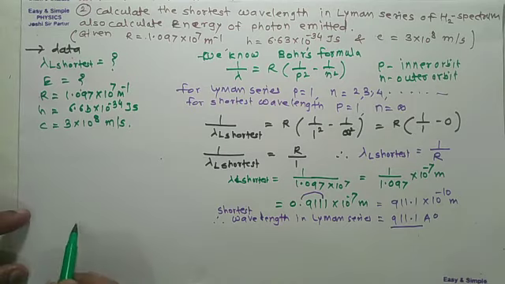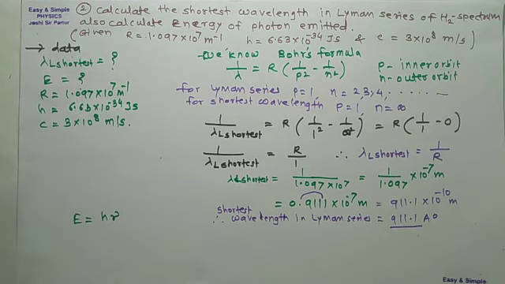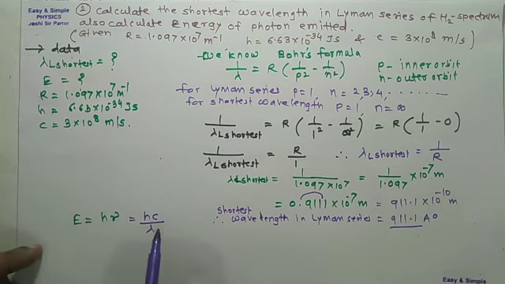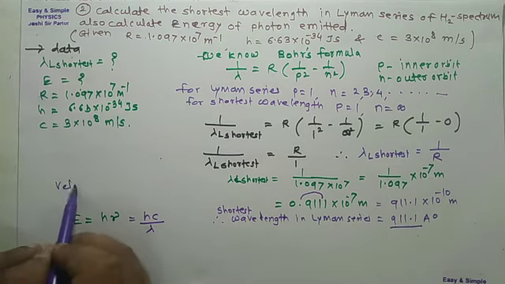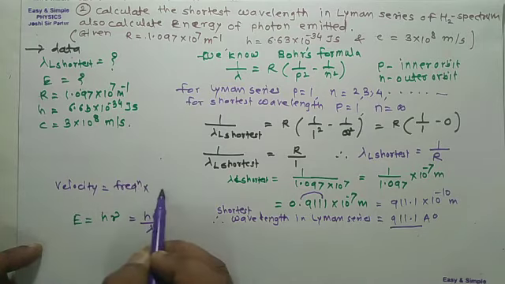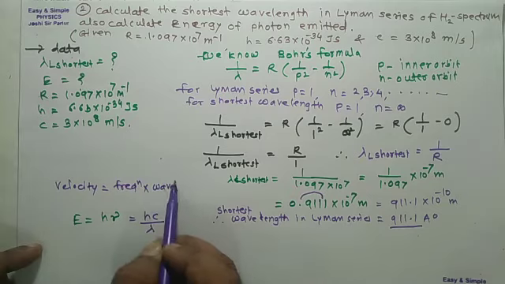So according to Planck's quantum theory, energy is equal to h nu, which is equal to hc upon lambda, because of frequency, wavelength and velocity. Velocity is equal to frequency multiplied by wavelength.